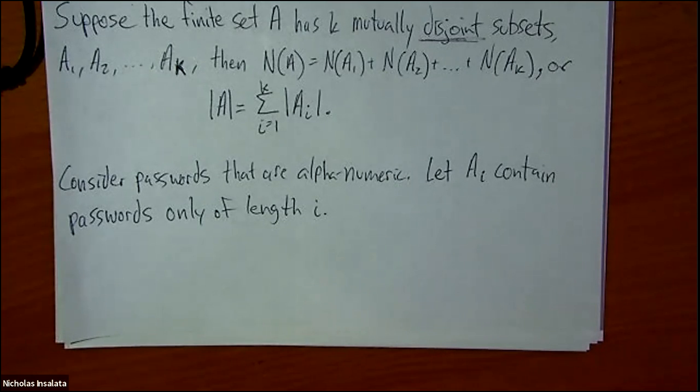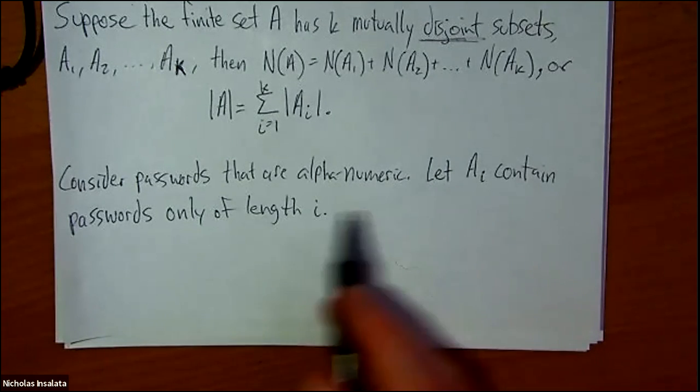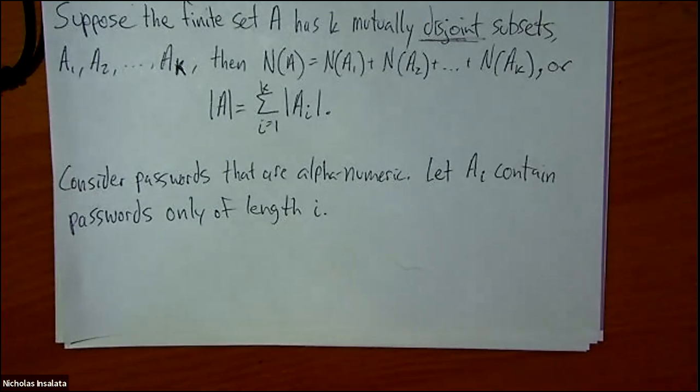Okay, so let's do a little computation then. We'll stick with the book's example for a moment in order to do this computation, because I think it's a little bit easier to compute.